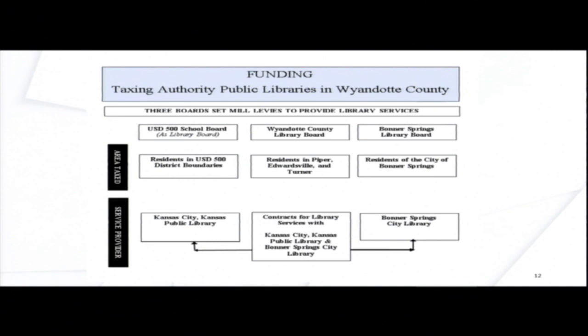Under the USD 500 School Board acting as the library board, services are provided by the Kansas City, Kansas Public Library. The Wyandotte County Library Board provides services to residents of Kansas City, Kansas Public Library, Bonner Springs, and library services within our own district, and that's through the interlocal agreement. And then Bonner Springs has their own city library.